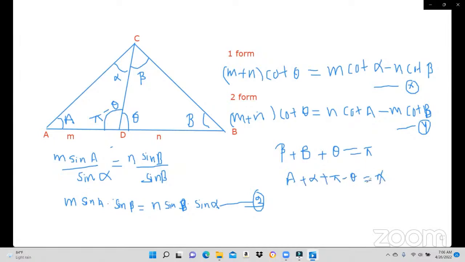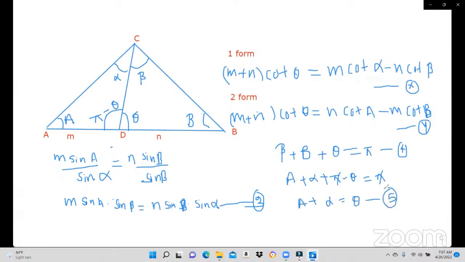Since pi and pi cancel, this is equation number 4. And A plus alpha, since minus theta goes to the other side, plus theta: A plus alpha equals theta. Now this is equation number 5.